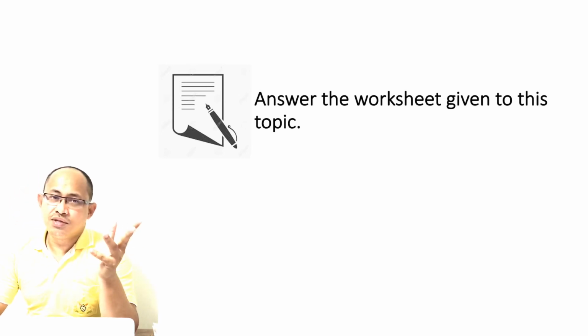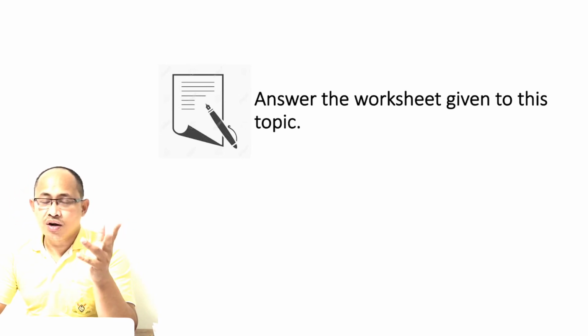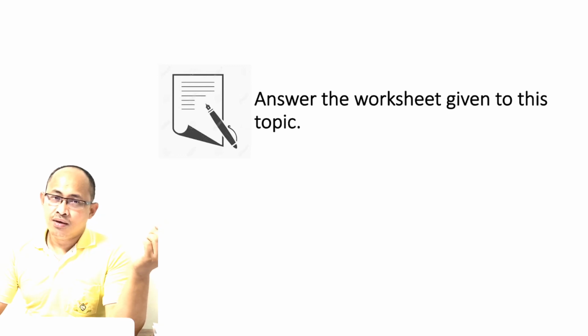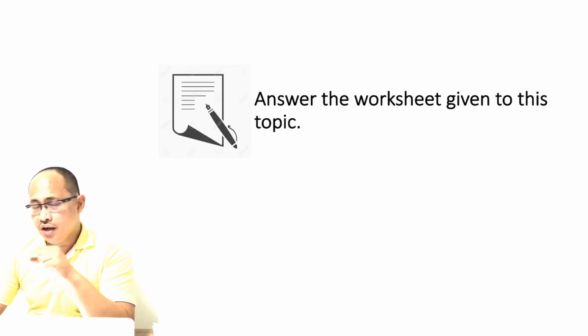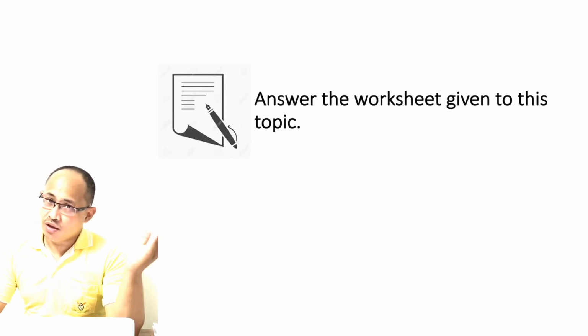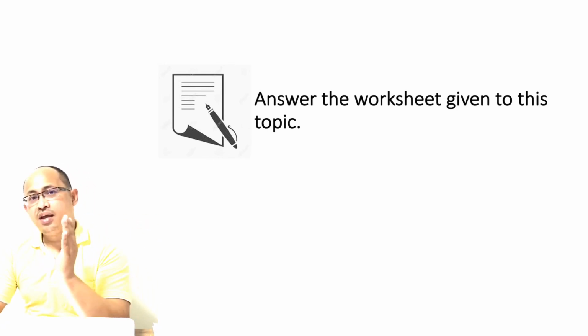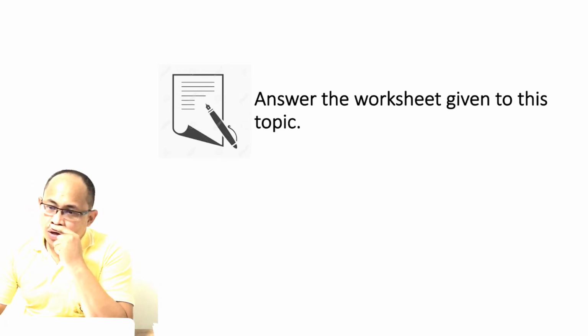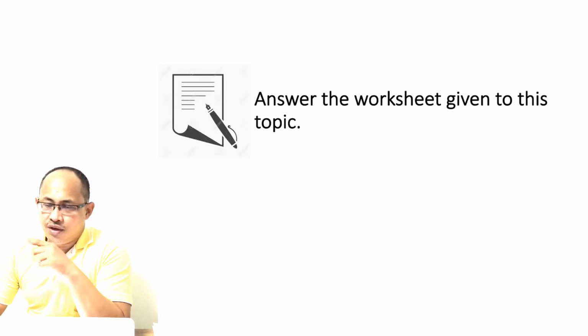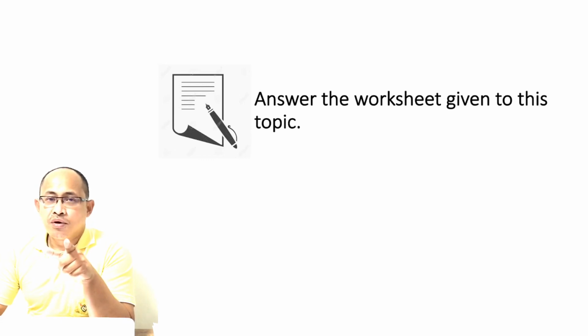The next type of decimal is the improper, or we call it the mixed decimal. It is mixed because there is a whole number already before the decimal point and a decimal part, like 1.2. There's a whole number 1, a decimal point, and a decimal part, which is 2. So mixed decimal is composed of a whole number and a decimal part.